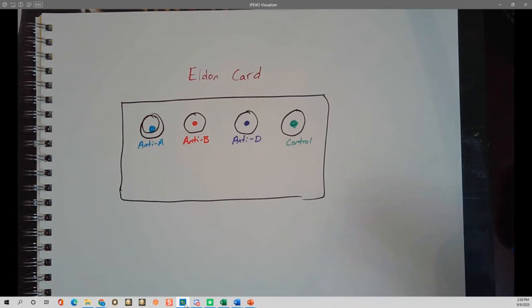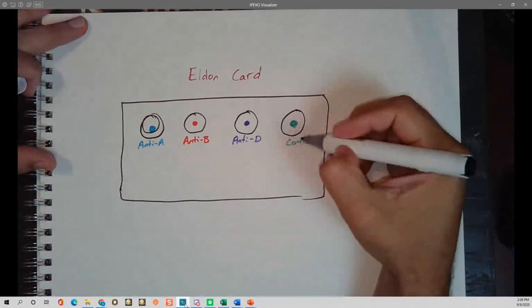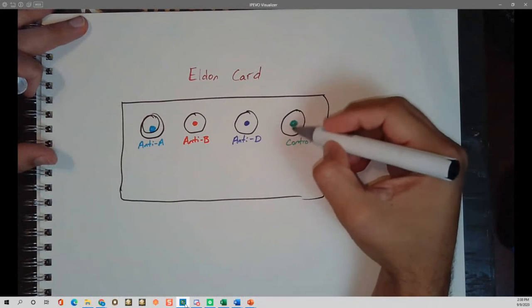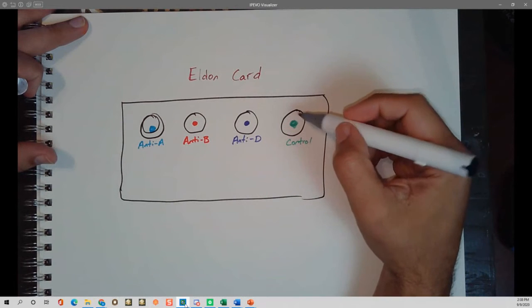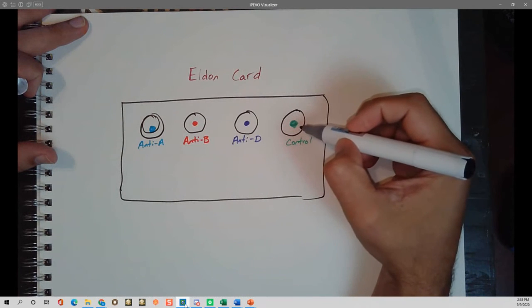There's no antibodies. So now let's think about using the control first and foremost. If you put a blood onto the control, if there's no antibodies there, then those antibodies will not recognize any antigens. Why is that important? What do antibodies do when they recognize antigens? They will agglutinate.